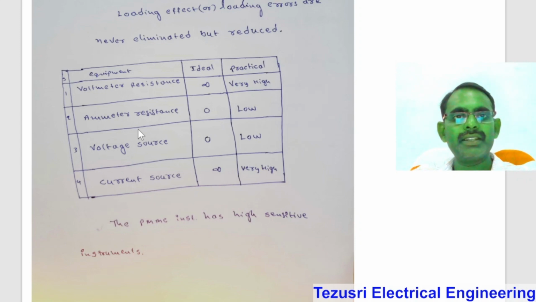For the ammeter, ideally it has 0 resistance, in practice some low value. For a voltage source, the internal resistance is in series with the voltage source and is negligible, ideally 0, practically a very low value. For the current source, it is in parallel and ideally has infinite resistance, but practically a very high value of resistance.